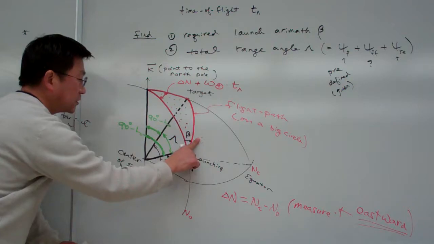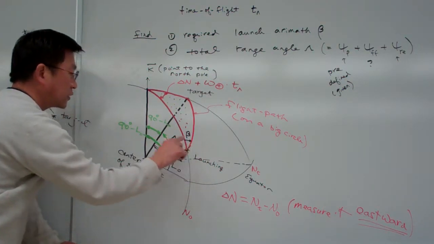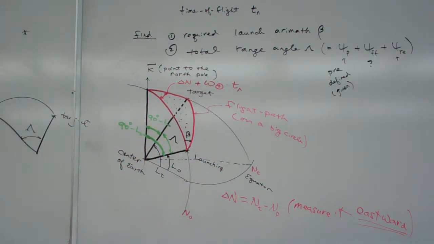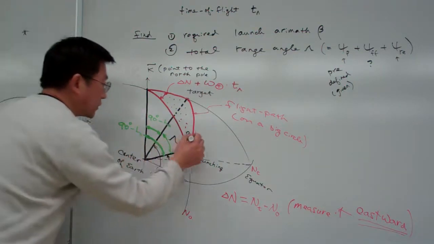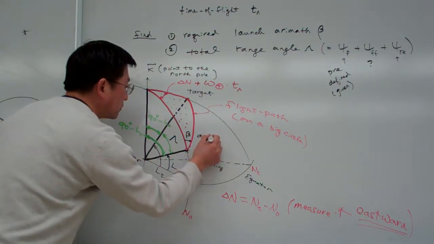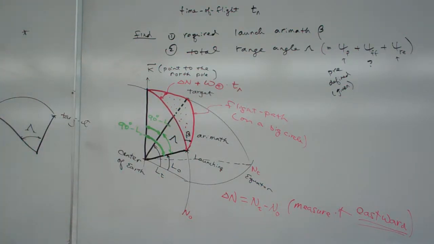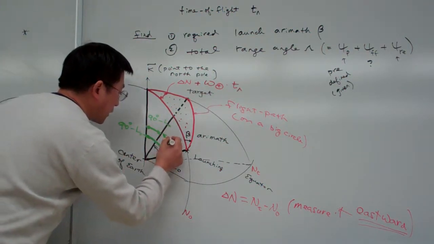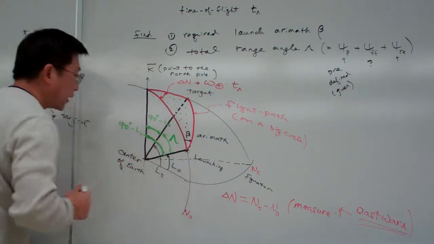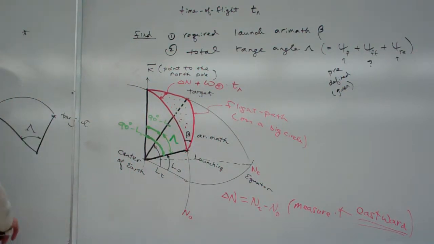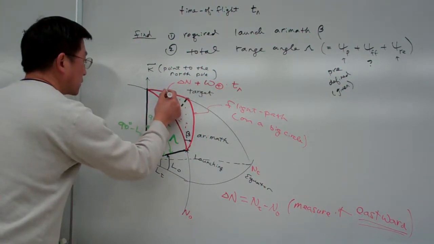Okay, so here I just erase this one to get rid of the unnecessary information. So beta is the azimuth, that is the angle measured from the North Pole. Okay, let me change the colors, and central angle using green, and the other angle is the surface angle here.